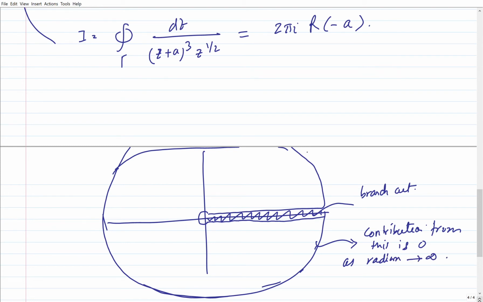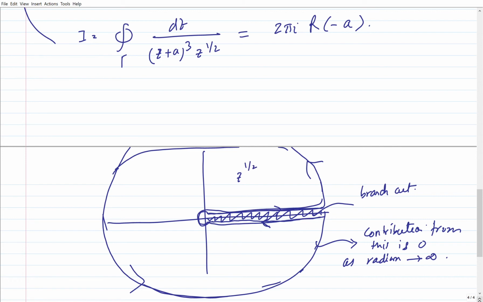So again, over this particular contour, this whole contour, I am evaluating this whole expression.